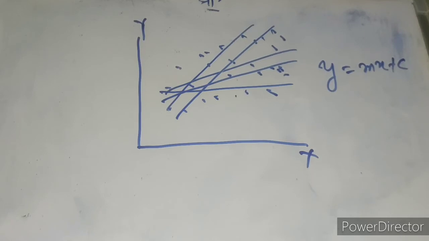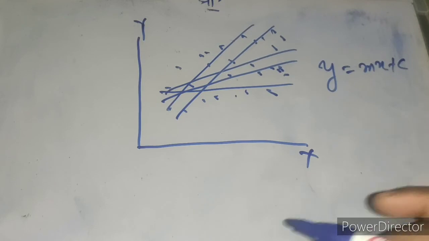So we need to understand how to get a best fit line. For this video I am not explaining that. I will be preparing a different video on how to get the best fit line, and then we will check the math behind getting a best fit line.